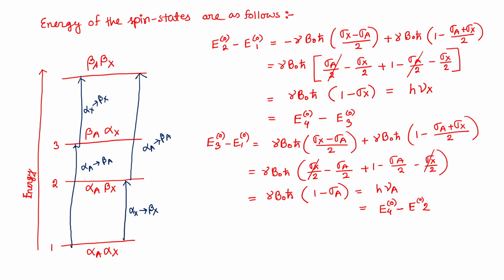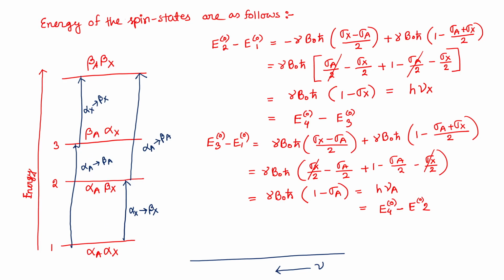Okay, and due to this, what kind of spectra you expect? If this is your spectra and your Larmor frequency is this side, then obviously you can see the energy gap between the nuclear spin state of A is more than X. That is why you expect two signals.